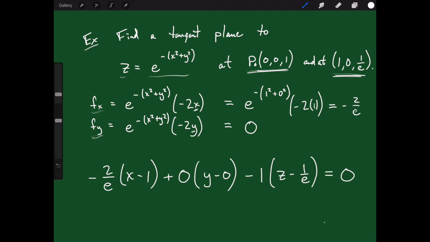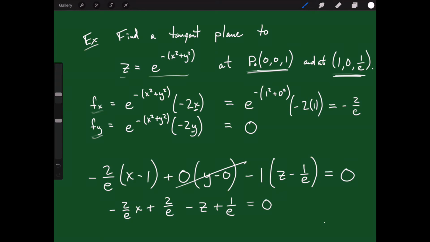Now if I wanted to, I could expand this a little bit, and I get minus 2 over e times x plus 2 over e. That all goes away, and I get minus z plus 1 over e, is equal to 0.